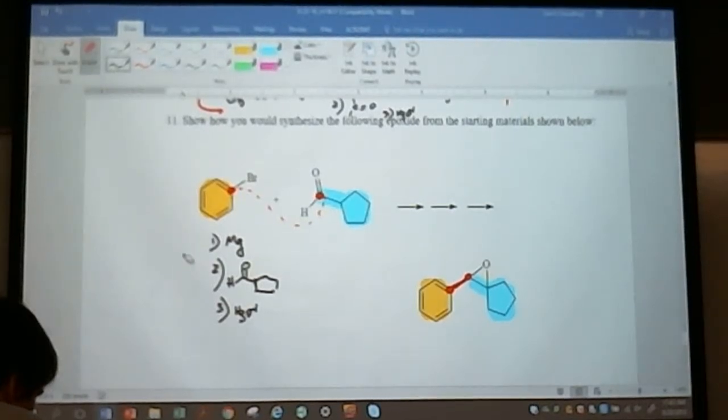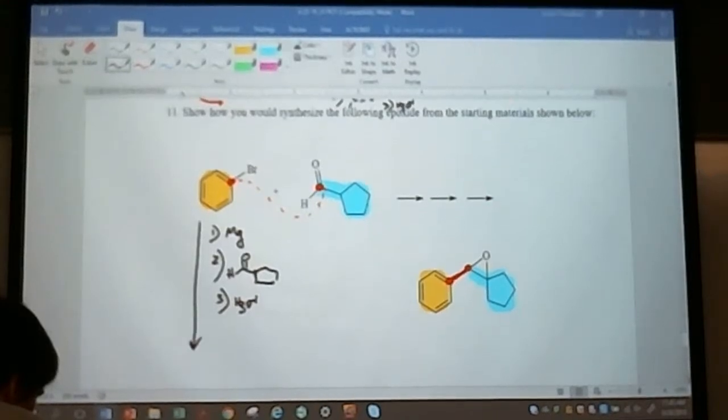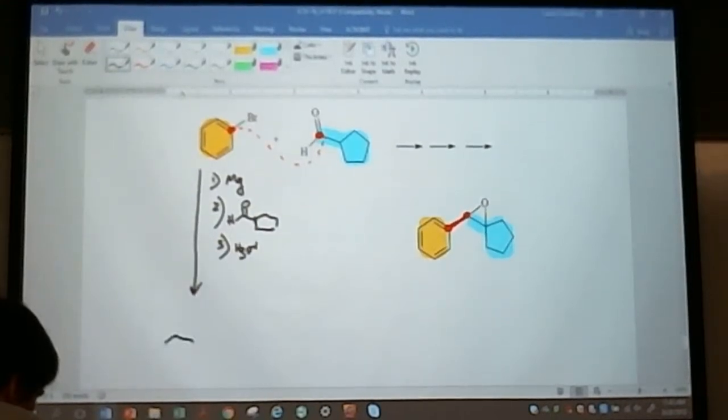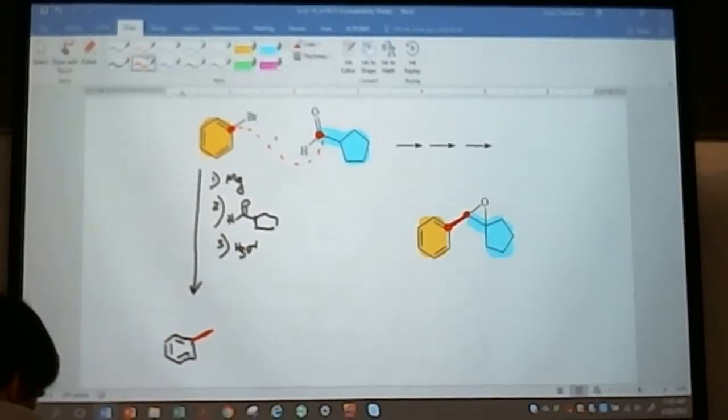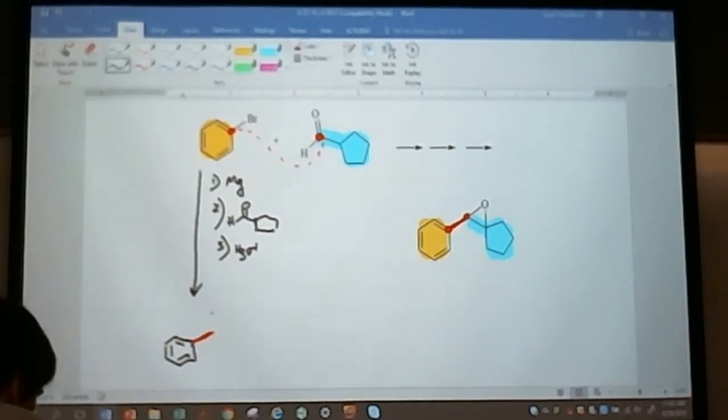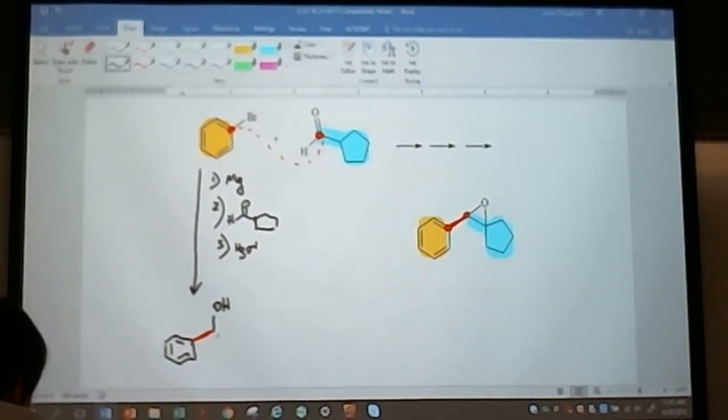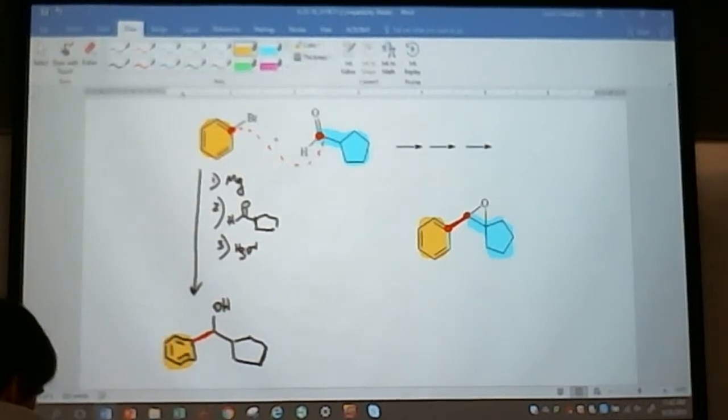And after I quench, this piece is now going to connect to this carbon, which is going to be, at this point in time, an alcohol here. Right? So this piece is coming from bromobenzene.